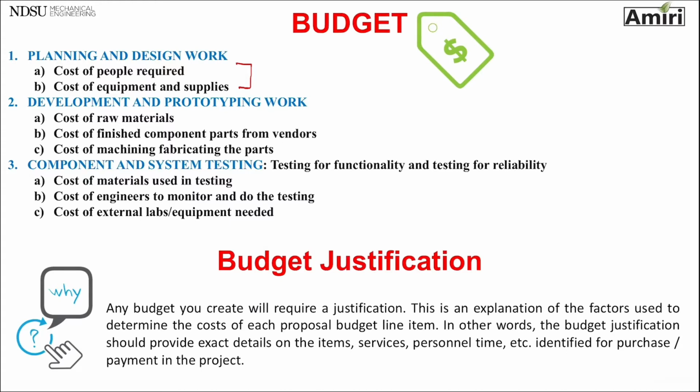And the last category is if you need to develop a fixture or pay something for testing, which we're going to talk about, or in very rare cases you have to send your design or your component or your system to an external lab for testing. So these are the main categories that go into your budget.